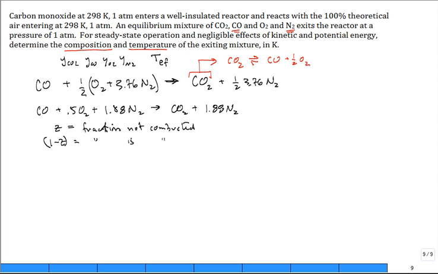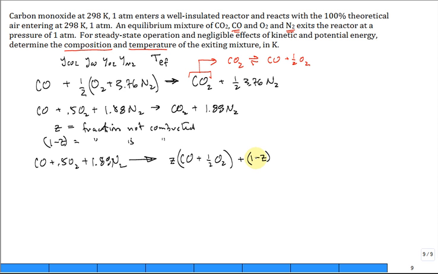All right. So I'm going to come in with CO plus 0.5 O2 plus 1.88 N2, and it's going to go completely to the fraction not combusted, Z, times CO plus 1/2 O2, plus 1 minus Z, the fraction that is combusted.